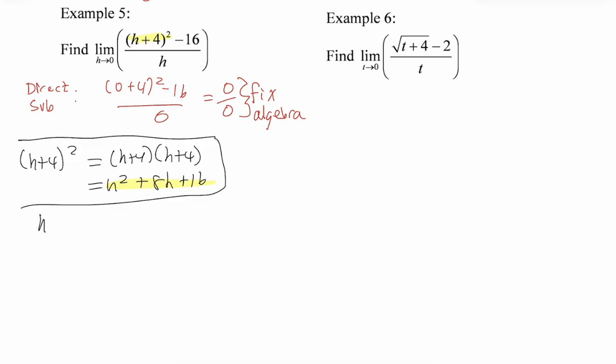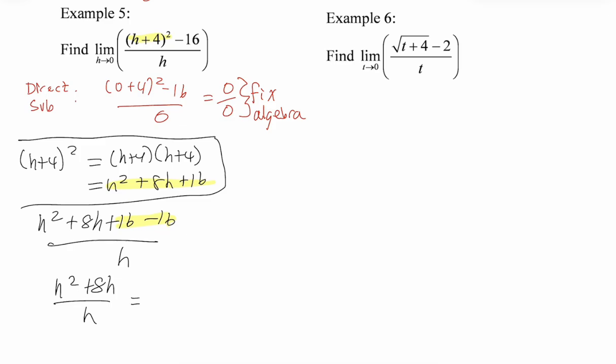So that would be h squared plus 8h plus 16 minus 16 over h. At this point, something should be cancelable. There should be opposites. We get h squared plus 8h divided by h. If you did it right, the h that's causing the issue in the bottom should cancel out.